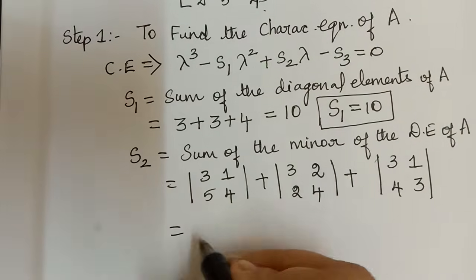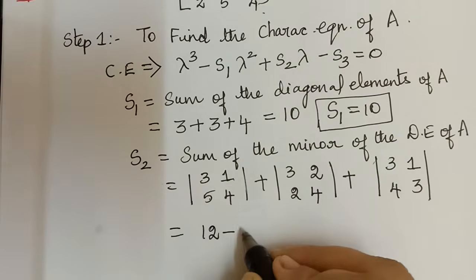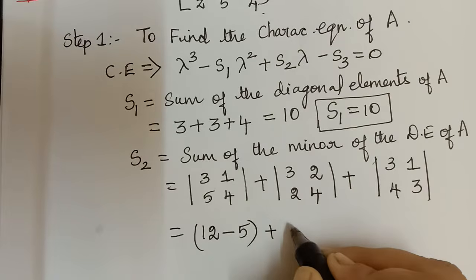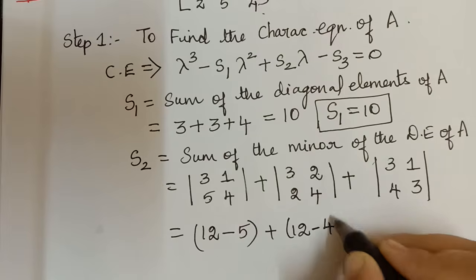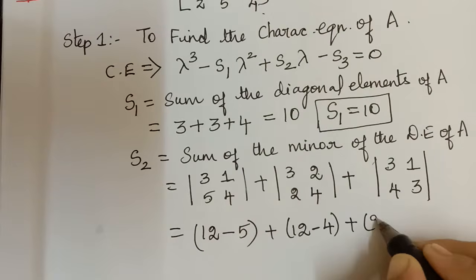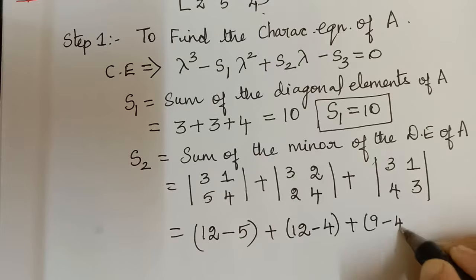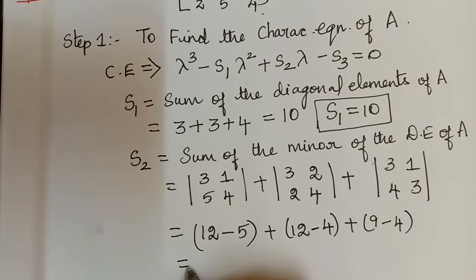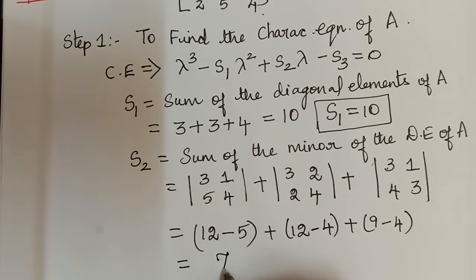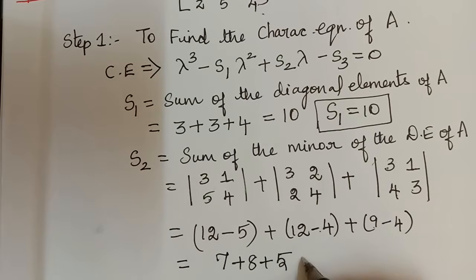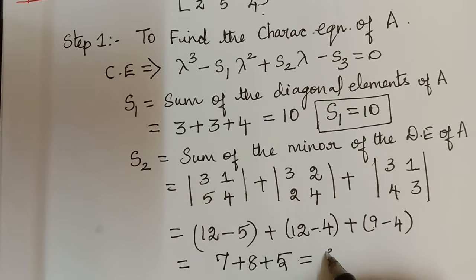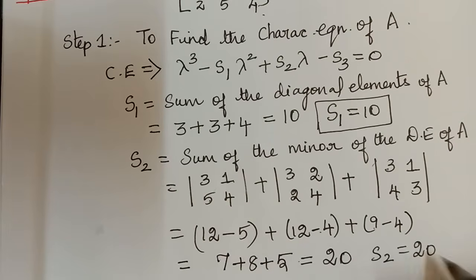It will be 12 minus 5 ones are 5, plus 3 into 4, that is 12 minus 2 fours are 8, plus 3 threes are 9 minus 4 ones are 4. So that is 7 plus 4, and then 9 minus 4, so plus 5. When we add all this up, we get 20. So S2 is equal to 20.